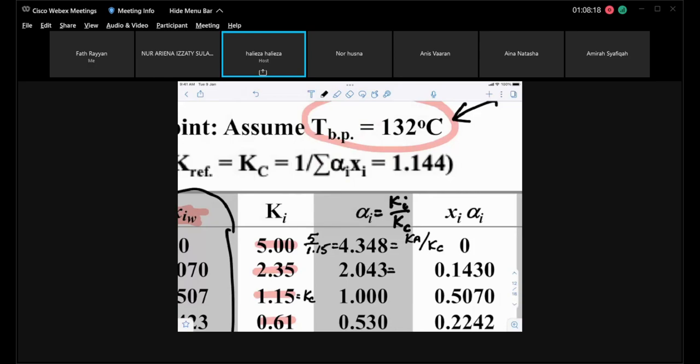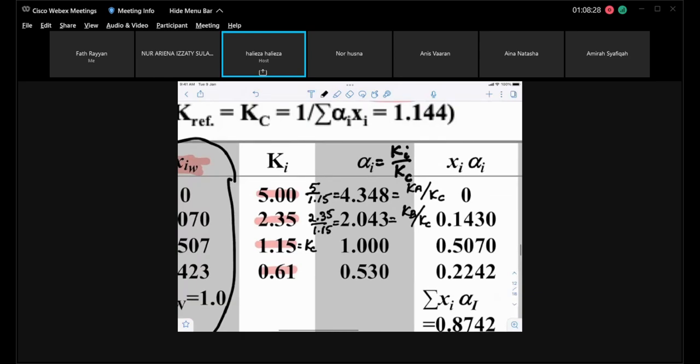For B, KB over KC, alpha B, that's going to be 2.35 divided by 1.15. And obviously, Kc over Kc is equal to 1. And over here, I have Kd over Kc. That's going to be 0.61 divided by 1.15. That's how I get my relative volatility.